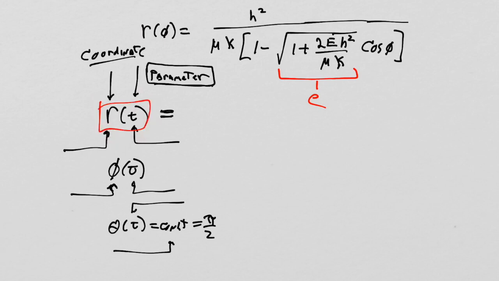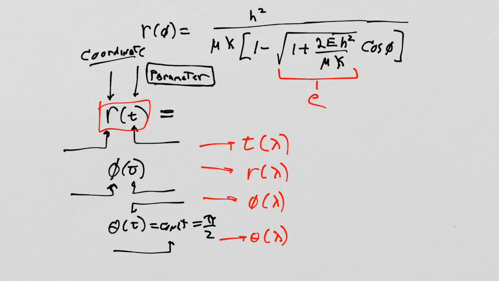But also, doing this exercise gets us to the point where we actually realize what a revolutionary thought general relativity is, because now in general relativity, we're going to calculate time as a function of some other parameter, and r is going to be a function of some other parameter, and phi is going to be a function of some other parameter, and theta is going to be a function of some other parameter, where time joins the list of things you calculate along with the theory, and you've got to find some other parameter to measure time by.